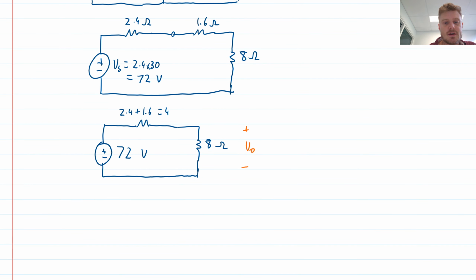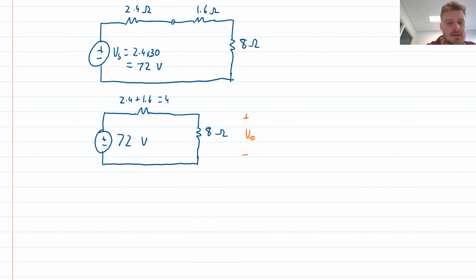Now we just have a simple voltage divider circuit. So our output voltage is our input voltage, which is 72, times the resistance across which the output appears, divided by the sum of the resistances. So that's 8 plus 4. I'll now just type this expression into my calculator, and the answer that I get is 48 volts.